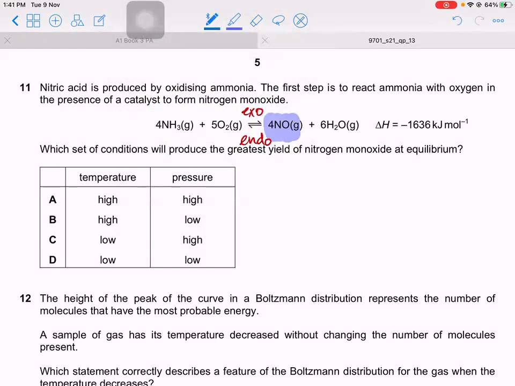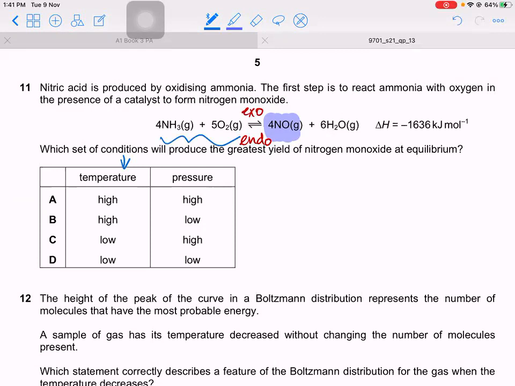Let's see. Increasing the temperature. Will that or will a lower temperature help? So you want to make more NO. If you decrease the temperature, the system will try to oppose it. It will try to increase it. It will try to favor the exothermic side. Equilibrium will go forward. So low temperature increases the yield because equilibrium goes forward. Let's see pressure.